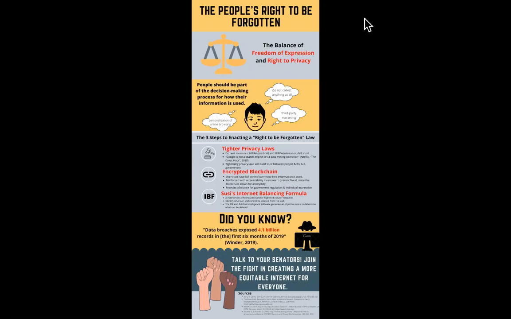So I feel like key aspects of the infographic are the title, the layout of it, the simplicity of it, the focus of it, how the infographic tells the story.